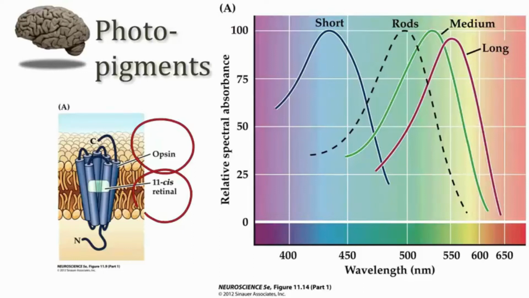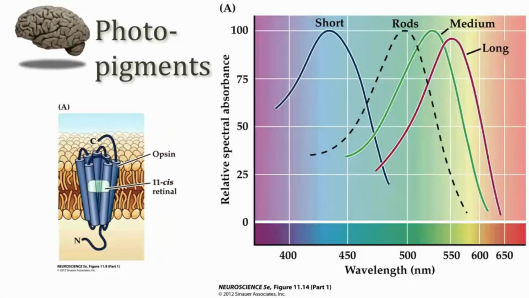So we actually have 4 kinds of pigments in our photoreceptors. In rods, we have the rod opsin, and it has a particular spectral sensitivity, which is plotted in this chart of relative spectral absorbance versus wavelength of light by this dashed line here. And you can see it's somewhere near the middle among our family of opsin proteins.